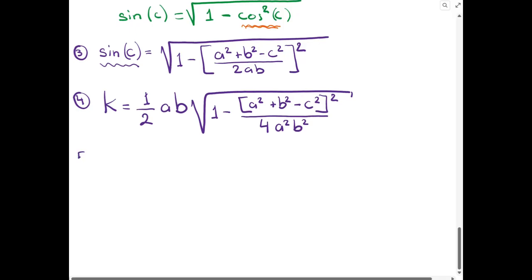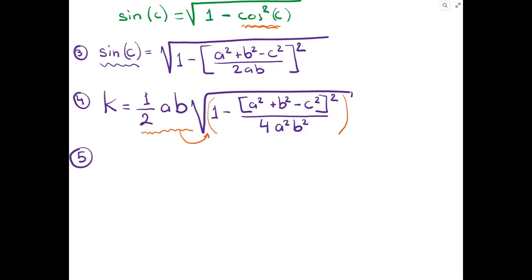Number 5. I want now to take that coefficient that I have in the front, that 1/2 ab, and bring it inside the radicand so that everything is inside my square root. To do that, I would have to square everything, right? Because I'm putting it in a square root and it wasn't there originally.